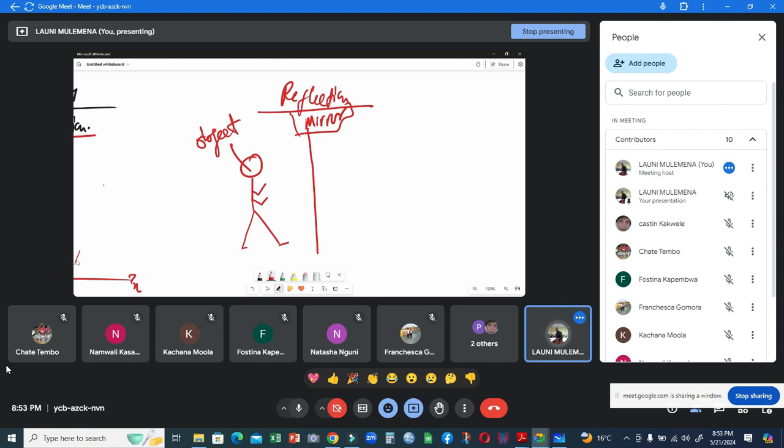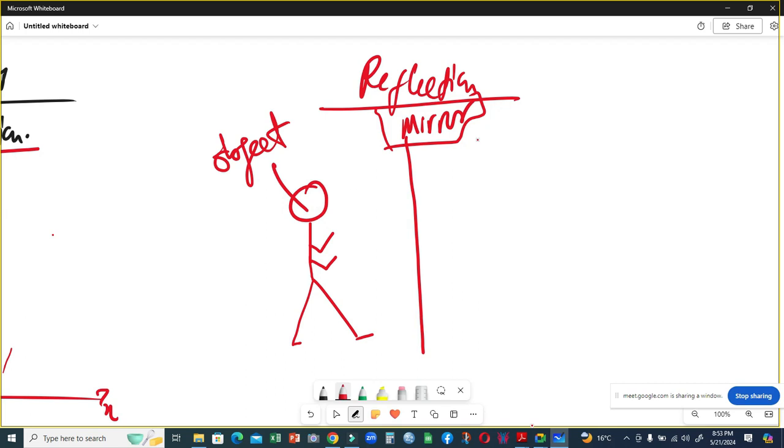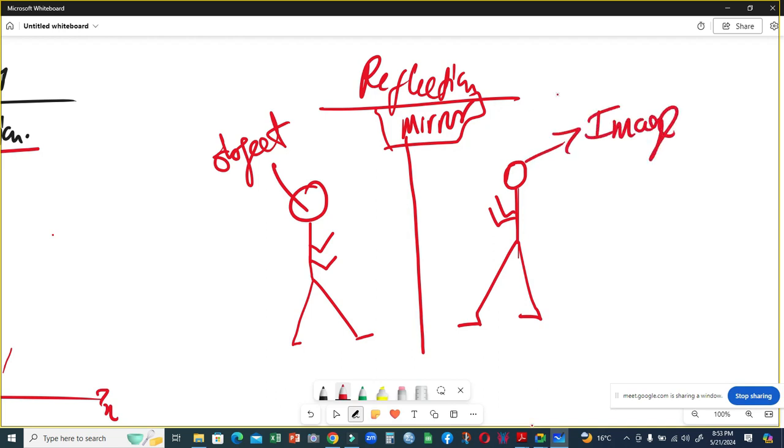So those are the principles that we need to appreciate as far as reflection is concerned. In terms of reflection, if this is the object, the image will first of all be exactly the same as the object, even facing each other. The object and the image will face each other under reflection.